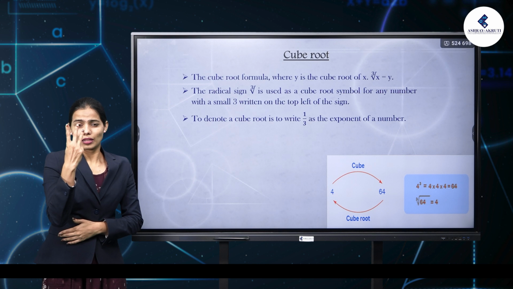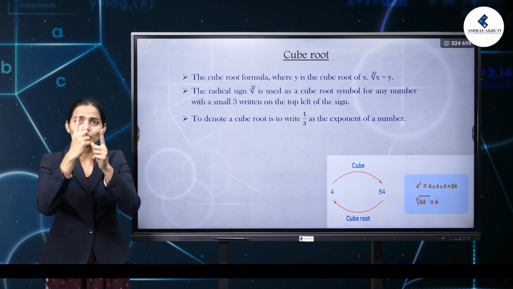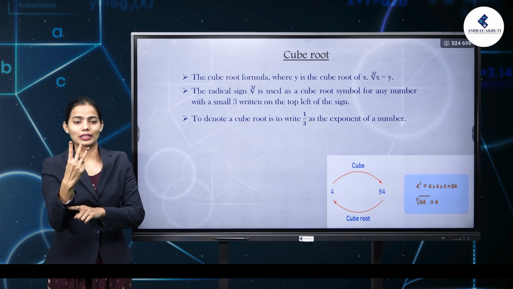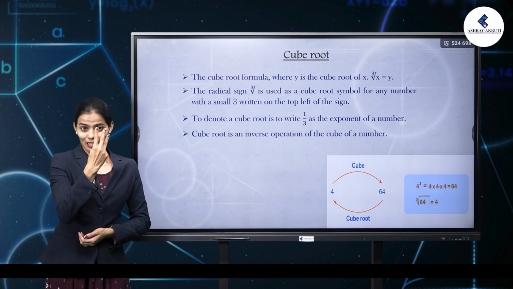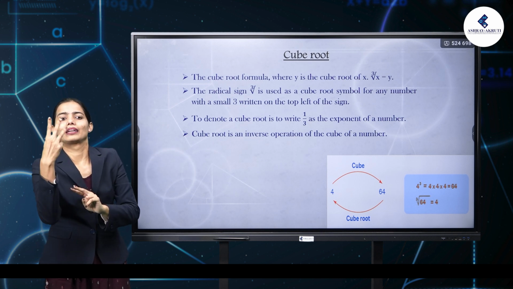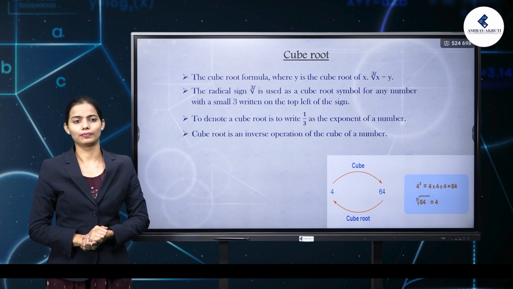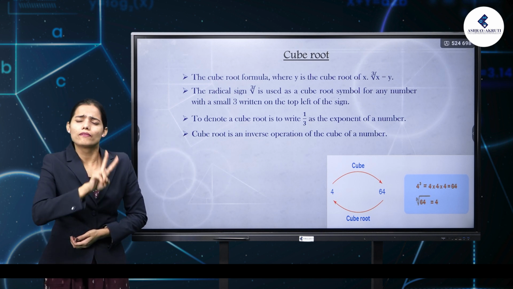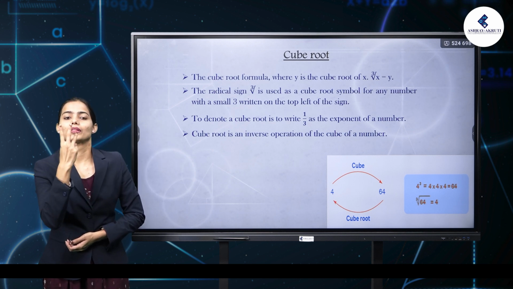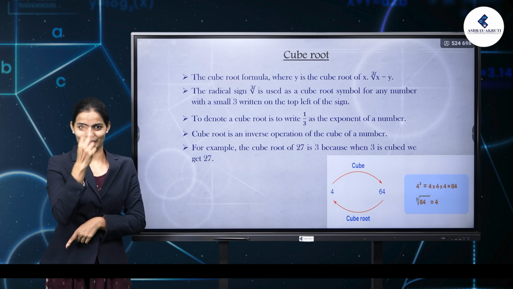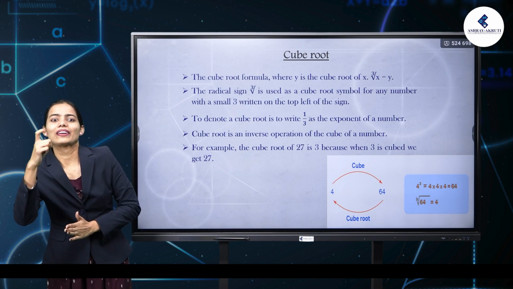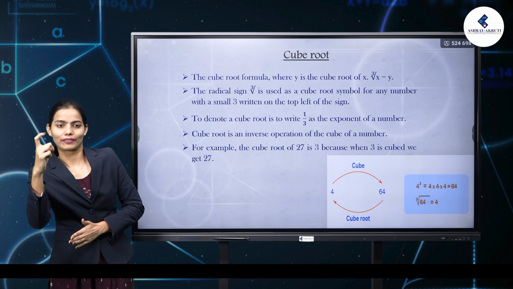Another way to denote a cube root is to write 1 by 3 as the exponent of a number. Cube root is an inverse operation of the cube of a number. The cube root of a number is the value that, when cubed, gives the original number. For example, the cube root of 27 is 3 because when 3 is cubed, we get 27.